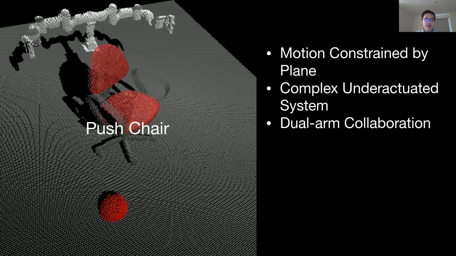This task exemplifies motions constrained on the plane through wheel-ground contact. This chair is a swivel chair, and it generally has many joints, resulting in complex dynamics. Therefore, it is a little difficult to solve push chair by motion planning and favors learning-based methods.